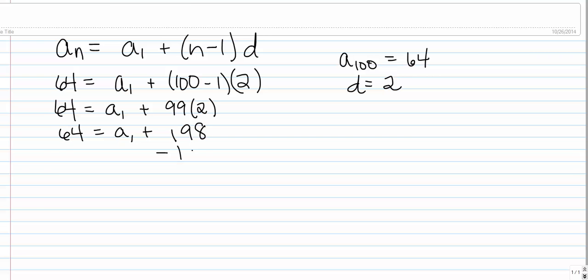And I need to subtract 198 from both sides. And I will find out that the first item in the list was -134. And if I kept adding 2 99 times, I would get up to the 100th item in the list, which is 64.